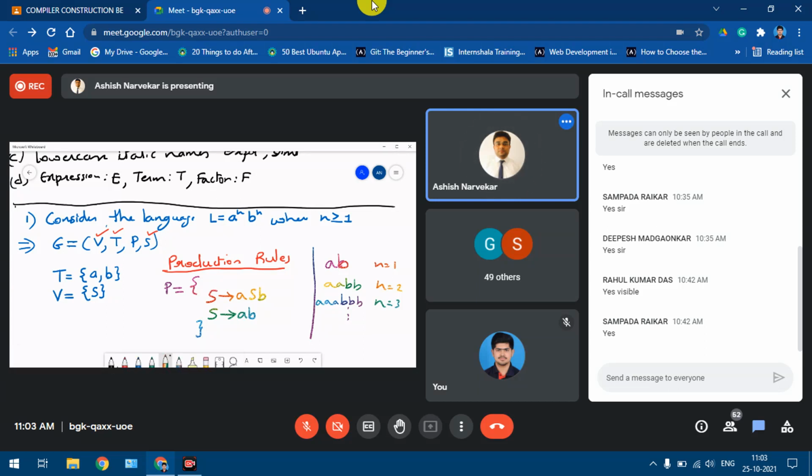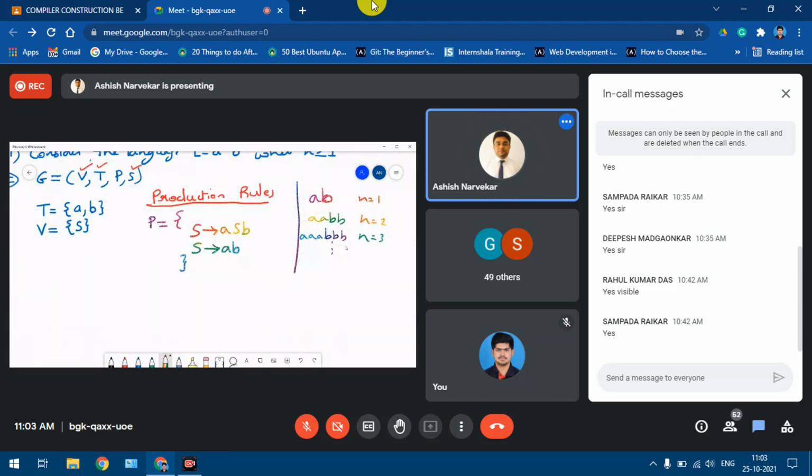So now if I consider these production rules and try to write a derivation, I start with S gives a S b.